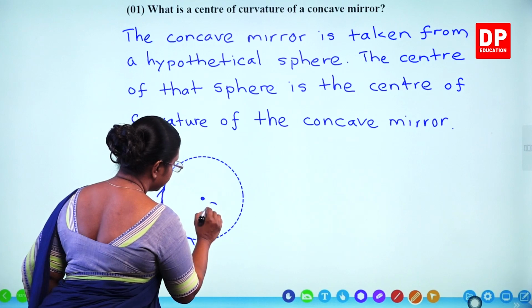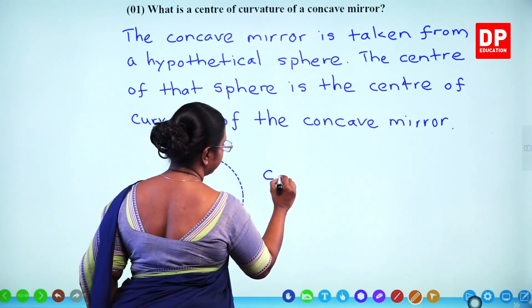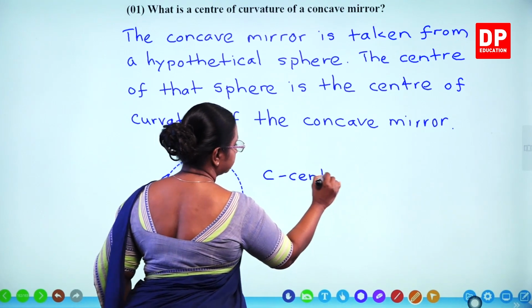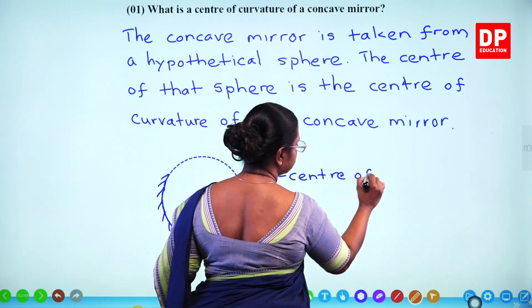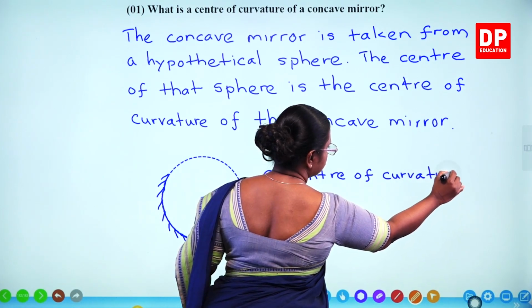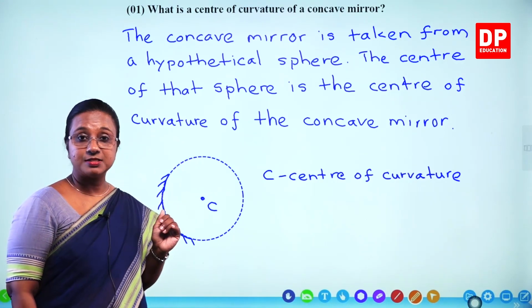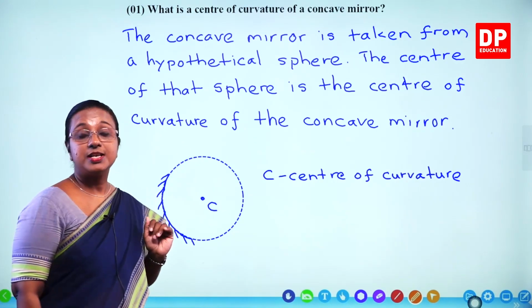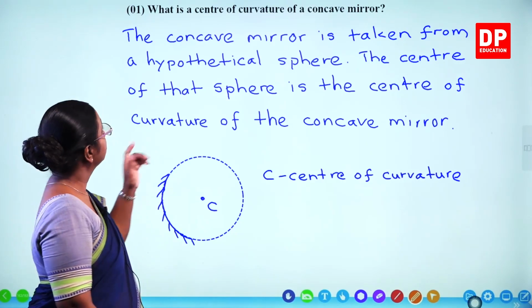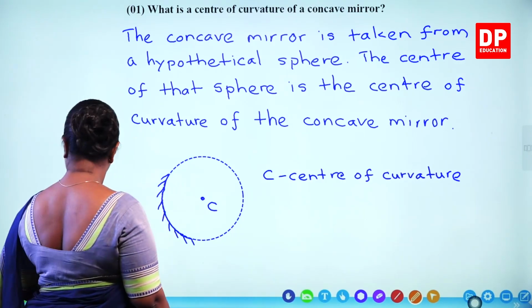So this is termed as C. C is the center of curvature. So if you find it difficult to only explain, you can use a diagram as well. So with that, I will move on to the next question.